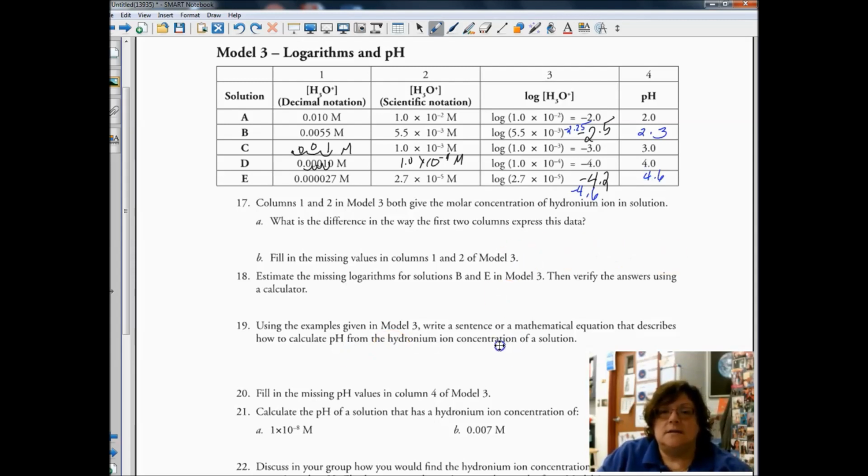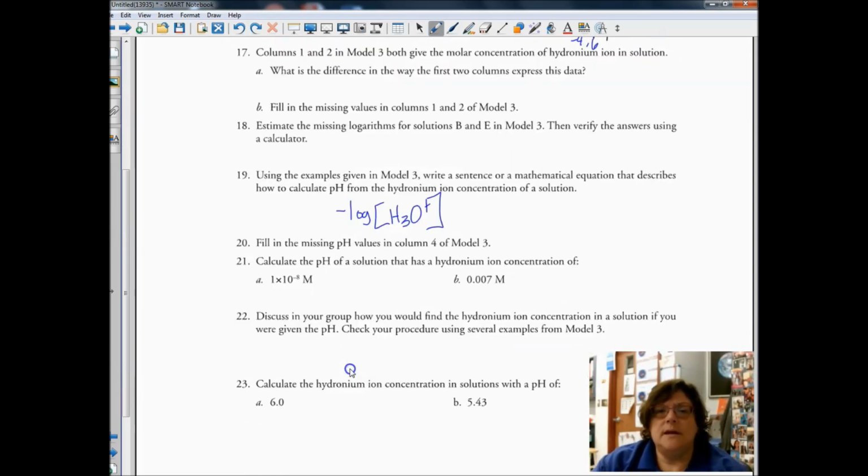19 says, given the examples in Model 3, write a sentence or mathematical equation that describes how to calculate the pH from the hydronium ion concentration. Well, basically, it's the negative log of the hydronium ion concentration. The missing pHs we just did. 21.